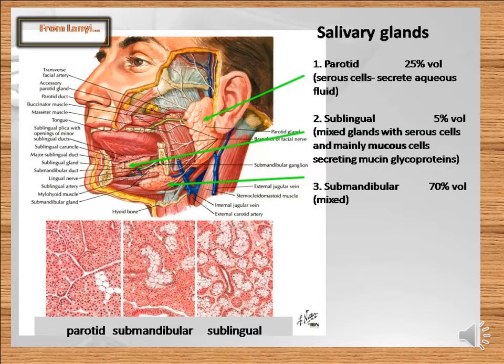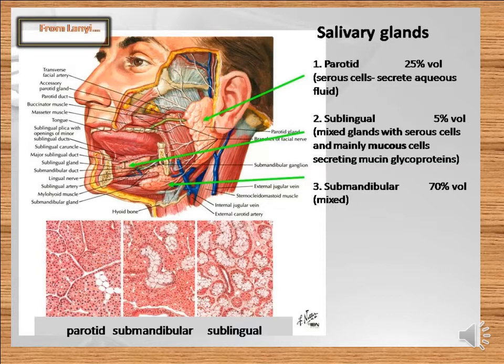We start with the parotid gland. It produces about 25% of the volume, with serous cells secreting aqueous fluid, so it is a serous salivary gland. The submandibular gland produces 70% of the volume of saliva, and it is mixed serous and mucus. The sublingual gland produces about 4% of the volume of saliva, and it is a mixed gland with serous cells and mainly mucous cells, secreting mucin glycoprotein.